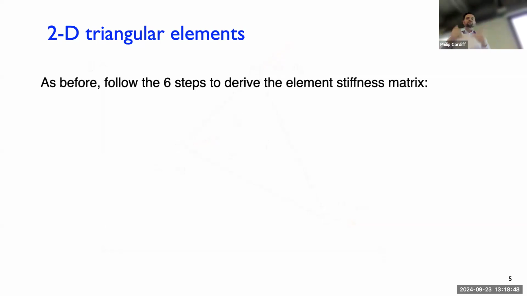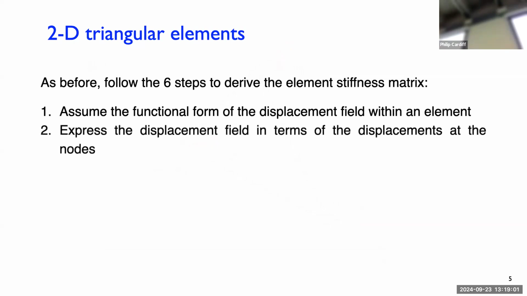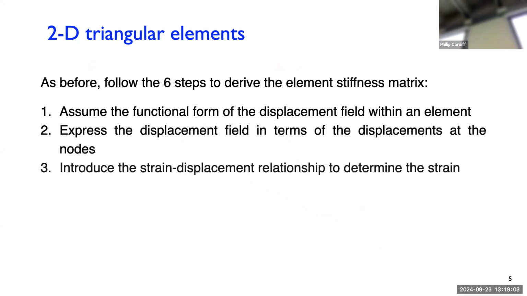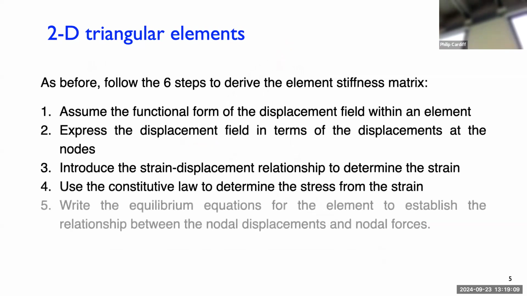So following this kind of direct finite element derivation approach, we'll follow these 6 steps. We're going to assume the functional form of the displacement field within the element, express that field in terms of the nodal displacements, introduce the strain displacement relationship to get the strain, introduce the constitutive law to get the stress from the strain, and then write the equilibrium equations for the element to get the relationship between nodal forces and nodal displacements.